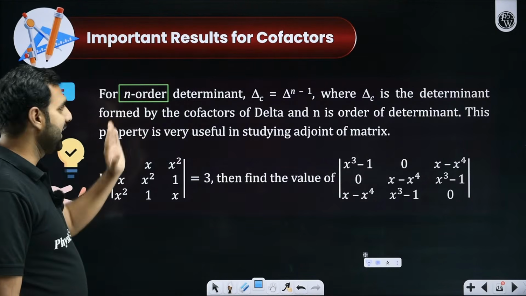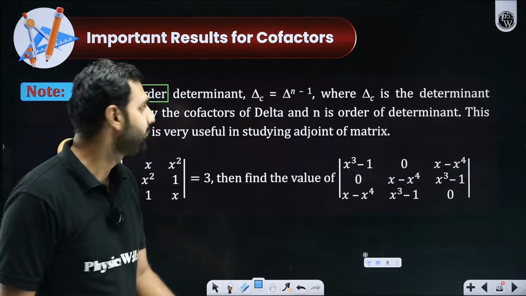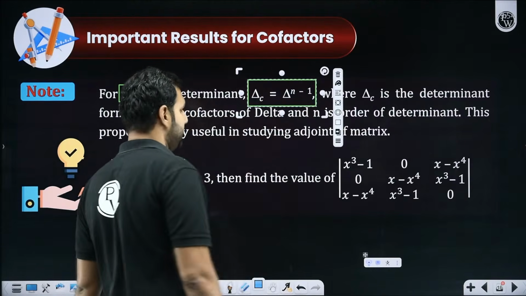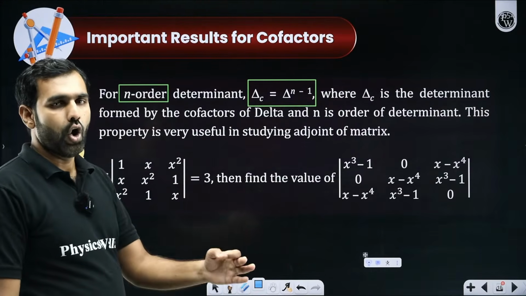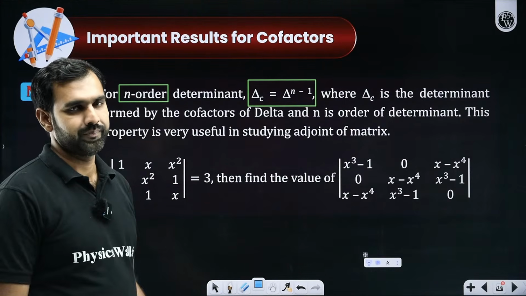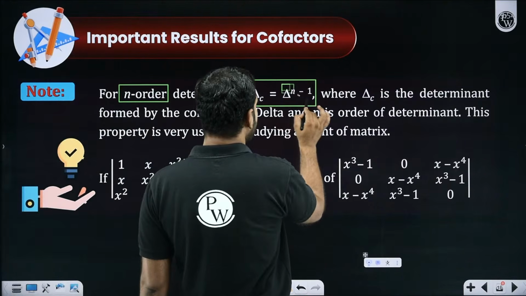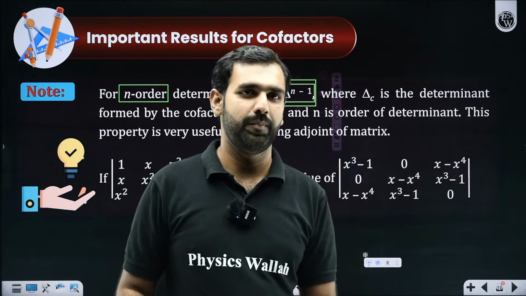Then, if you are finding the determinant of the cofactors of a matrix, it will always be equal to the determinant of that matrix raised to the power n minus 1.